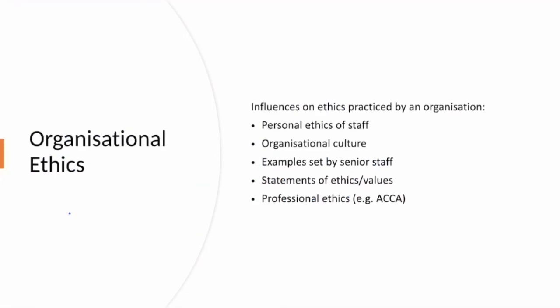Then comes organizational ethics. Influences on ethics are practiced by a number of organizations. For example, personal ethics for staff, organizational culture, examples set by senior staff, treatment of ethics, and professional bodies such as ACCA. Now you can see on this slide that there are various factors which contribute to the ethical practices in an organization.